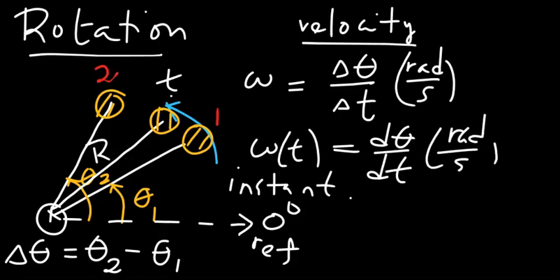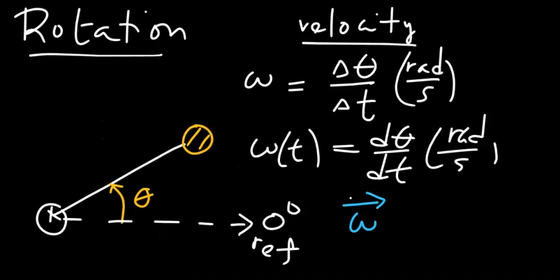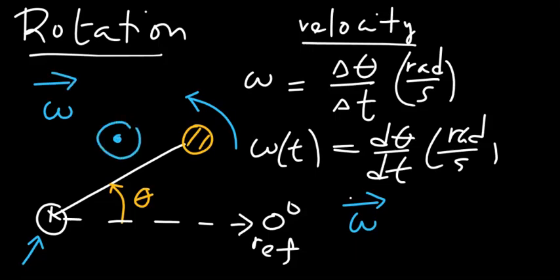We emphasize here, just like linear velocity, the angular velocity is a vector, so we have to also specify the direction. And this is how we fix the direction. If the object is executing the angular motion or rotational motion in an anti-clockwise direction like that, with respect to the center here, then the direction of its angular velocity is coming out of the plane, and we represent such a direction with a dot.